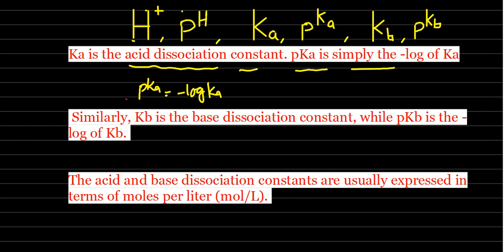Similarly, Kb is the base dissociation constant, while pKb is the negative logarithm of Kb. So pKb equal to minus log Kb. These acid and base dissociation constants are usually expressed in terms of moles per liter, that means molarity.